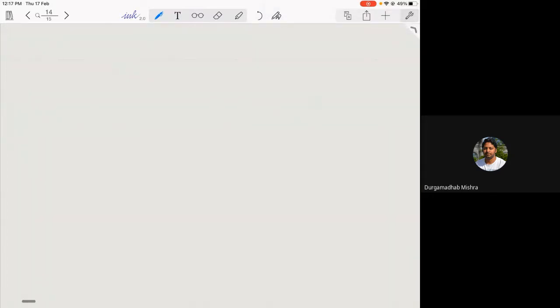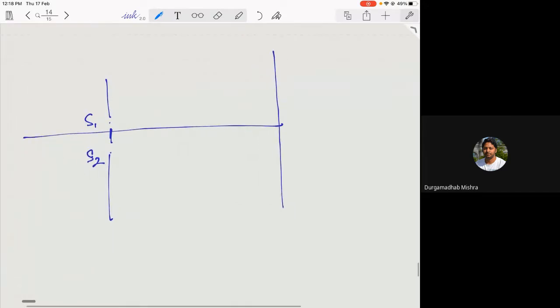Let's say I have the same double slit system here, and this is S1 and this is S2, and what I do is put a glass or some other medium in front of this source, which has a thickness T, where N is the refractive index and T is the thickness.